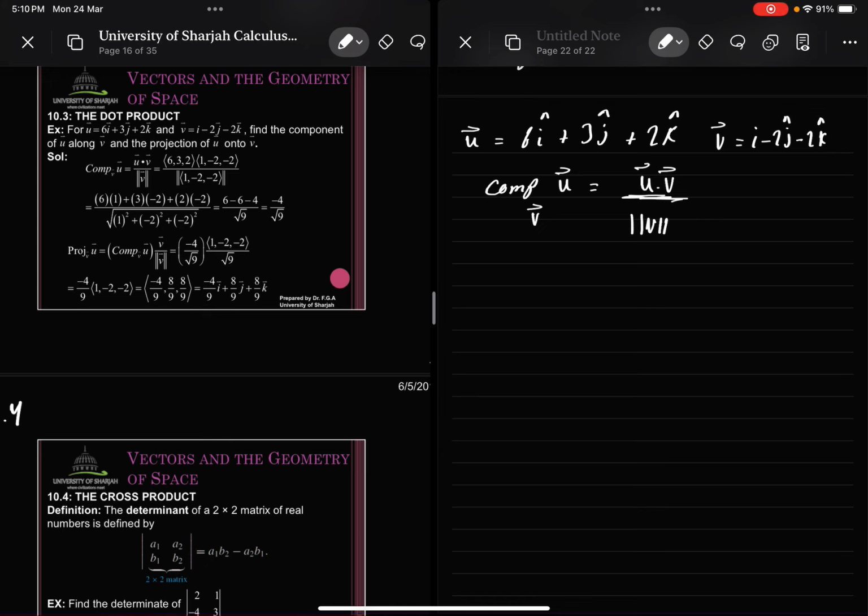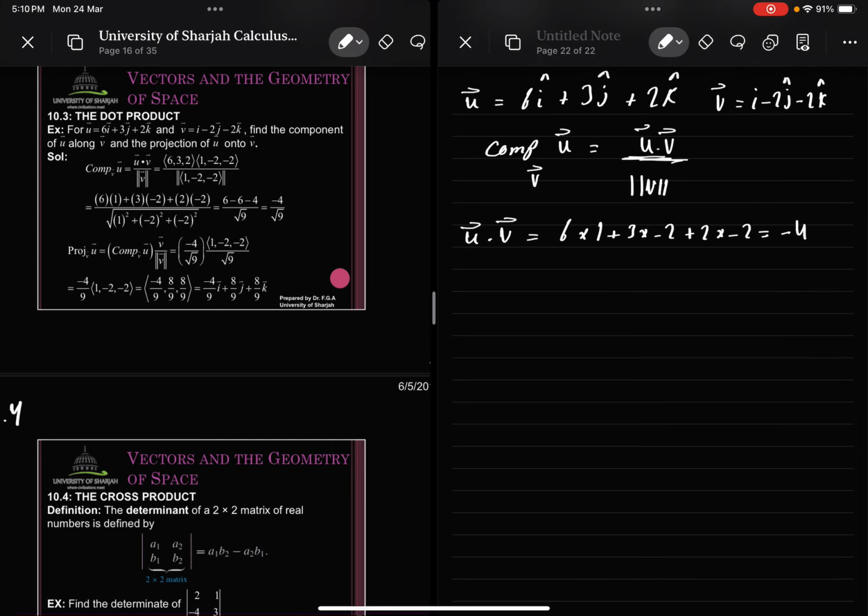So we find u dot v, it will be 6 times 1 plus 3 times negative 2 plus 2 times negative 2. It will be negative 4. And we find the magnitude of v, which is square root of 1 square plus negative 2 square plus negative 2 square. It will be square root of 9.